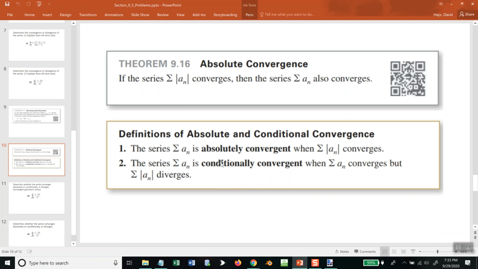Now, the other one that's conditionally convergent is when our summation of a sub n converges, but then the absolute value diverges.